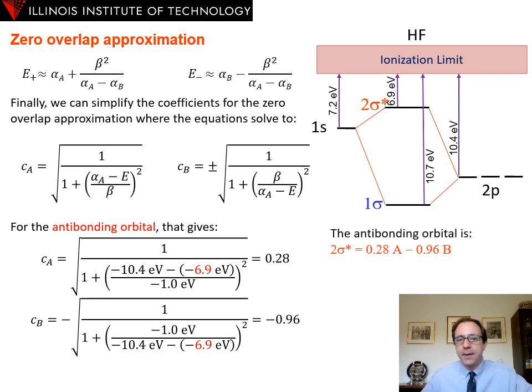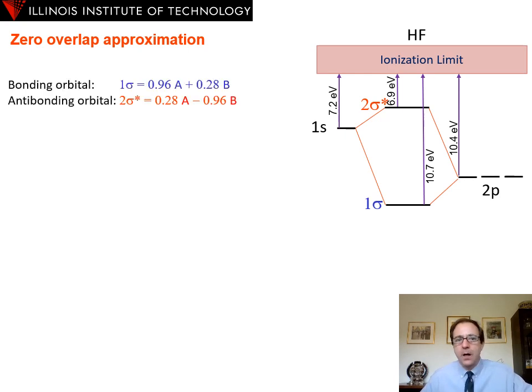So the anti-bonding orbital's wave function, the 2 sigma star, is equal to 0.28A minus 0.96B. All right, so here we have the bonding and the anti-bonding orbital wave functions that we just derived.